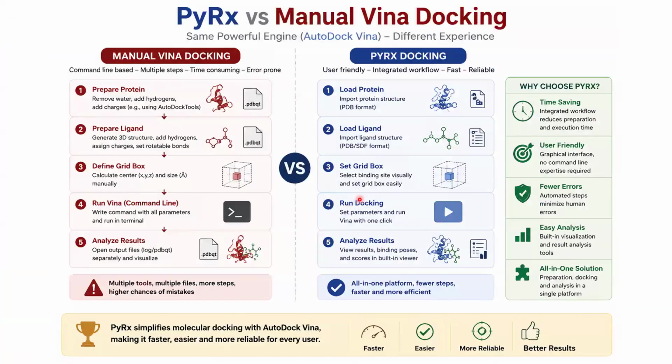So why do we use PyRx rather than manual docking in Perl or other systems? In the case of manual docking, we need to prepare all these steps separately, and these are very time-consuming steps.